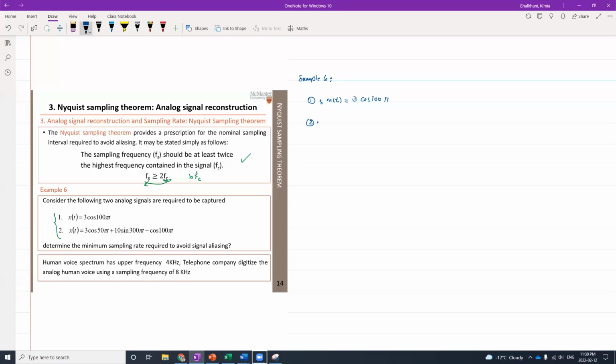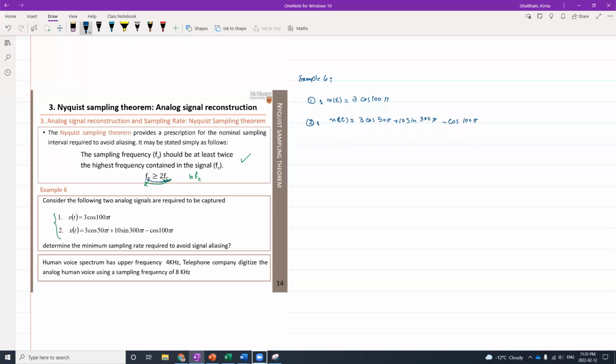And the second one is given as x of t equal to 3 cos 50 pi t plus 10 sin 300 pi t minus cos 100 pi t. These are the analog signals that we have. Now, the sampling frequency Fs should be at least twice the highest frequency contained in the signal, Fc, and this is what we have learned just in here, right?